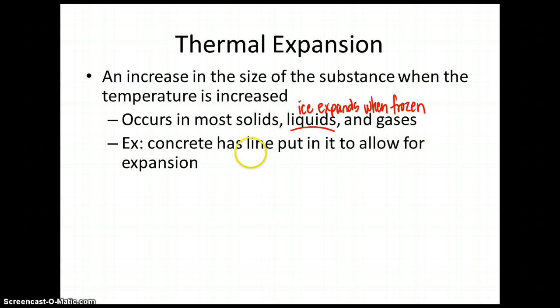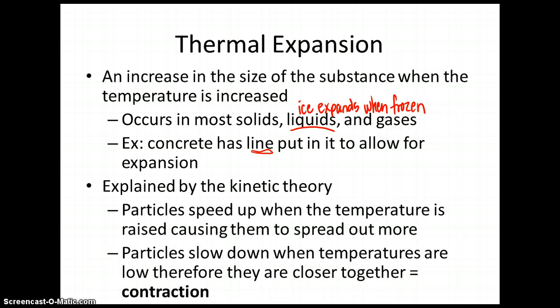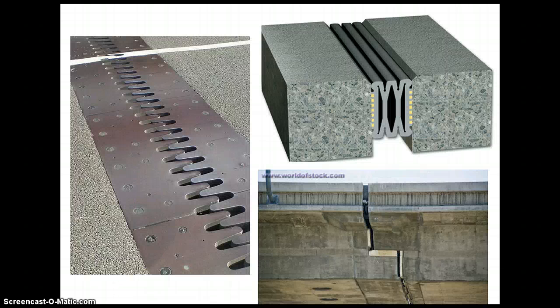For the example of concrete, they have to put a line down the middle of it, and I'll show you a couple pictures. Let's look at the pictures, and I'll come back to those two things. Here we can see what we might see in a bridge. Notice that there's all these little finger-like projections separating the concrete.